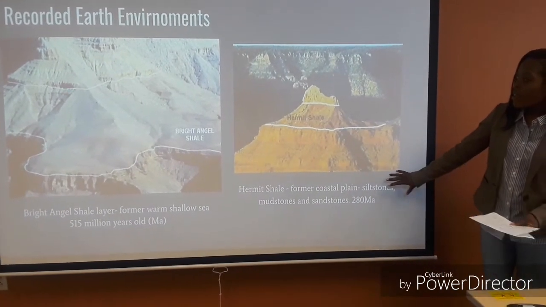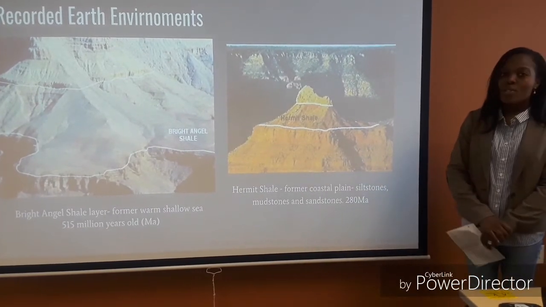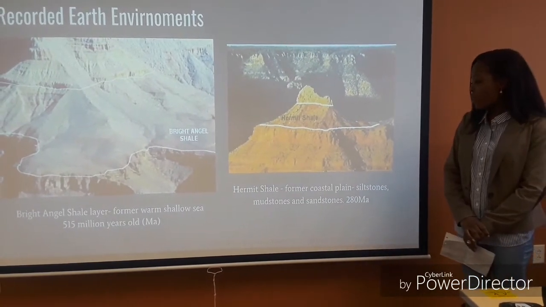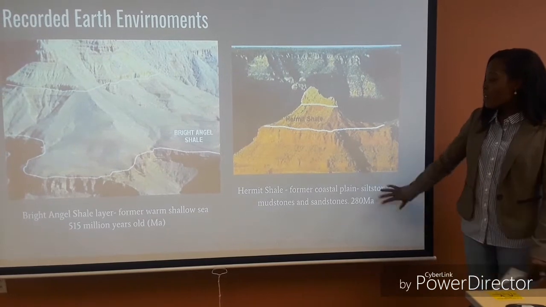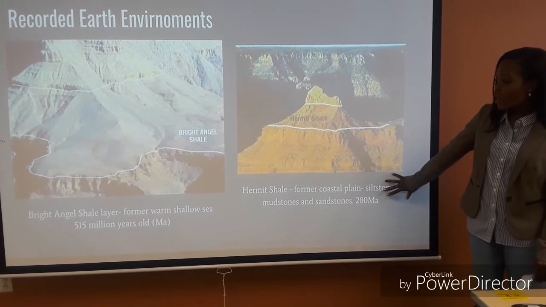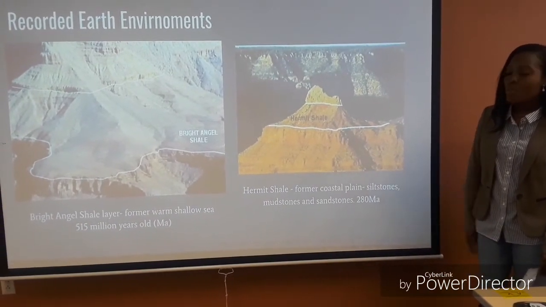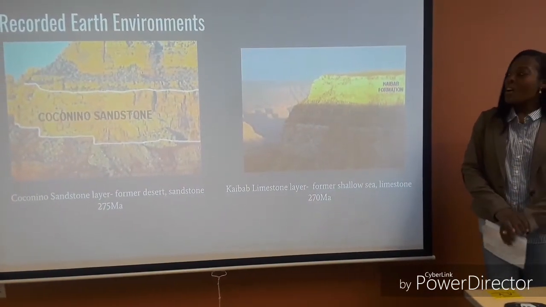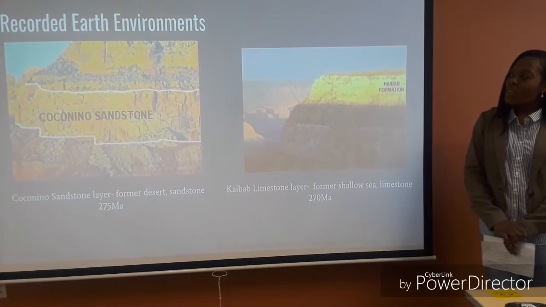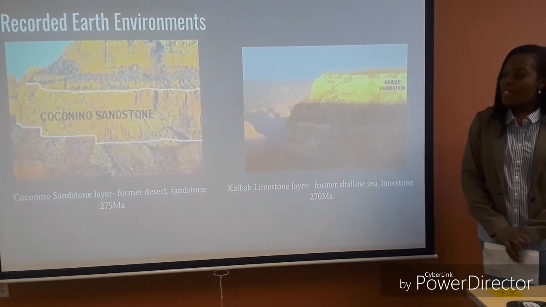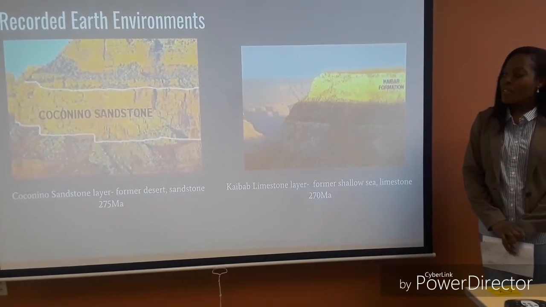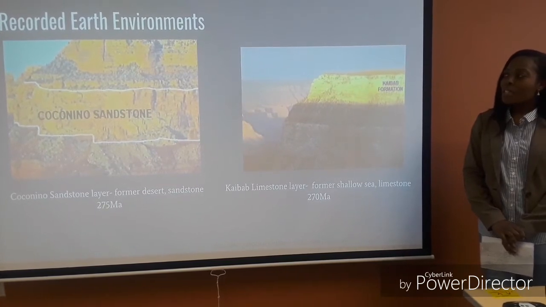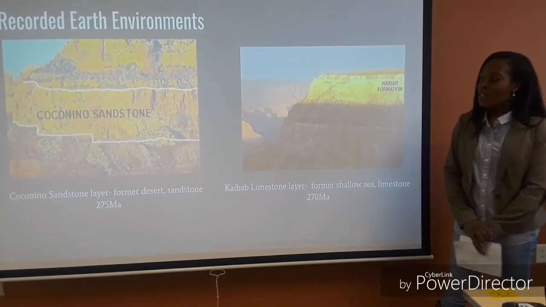Its next layer, called the Hermit Shale, dates to about 280 million years ago and shows that the area turned from a shallow sea to a coastal plain. On top of that is the Coconino sandstone layer, which dates back to 275 million years ago, when the area completely dried out and turned into a desert.